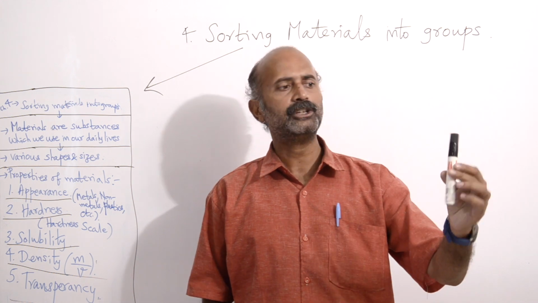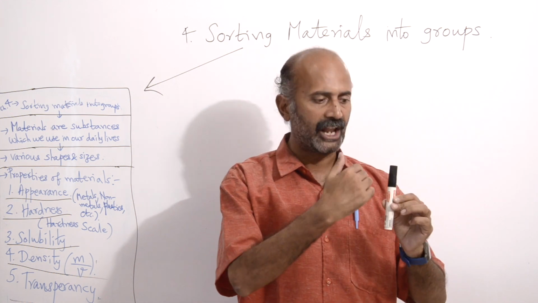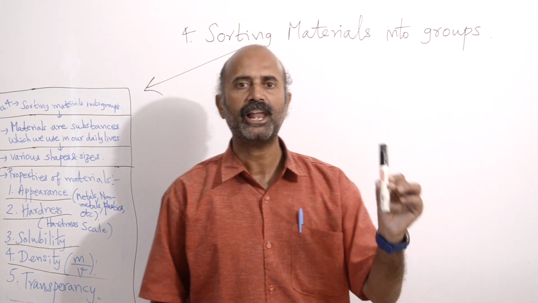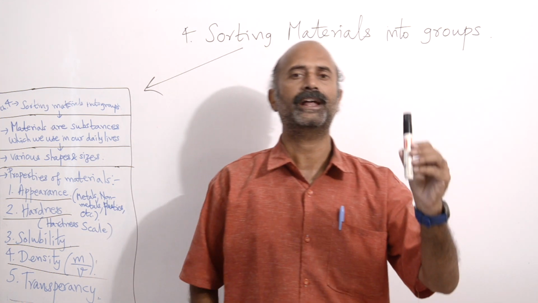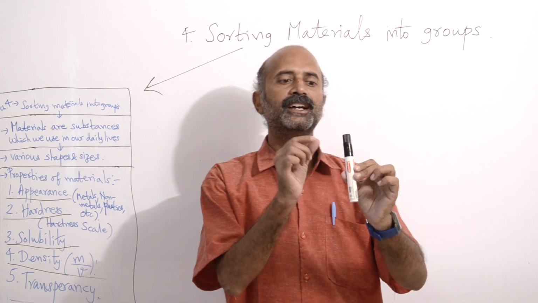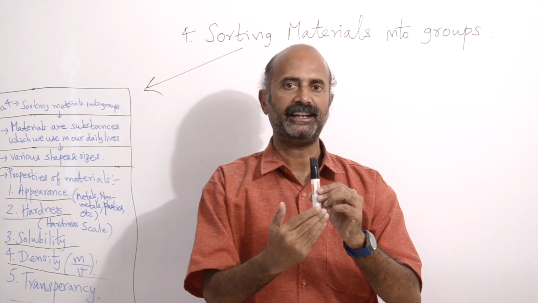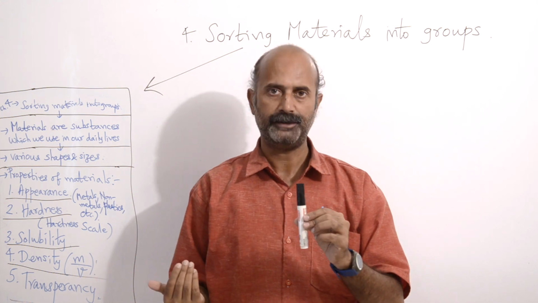And the materials which do not allow light to pass through them are known as opaque objects. In other words, materials which cast a shadow by blocking the light are known as opaque objects.